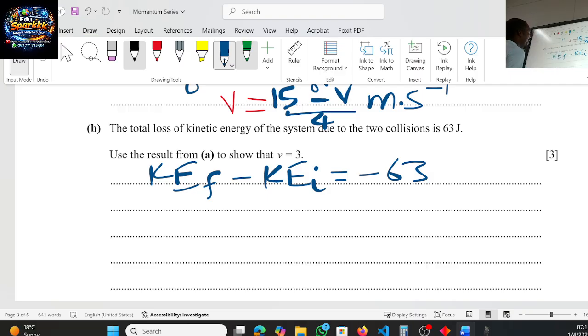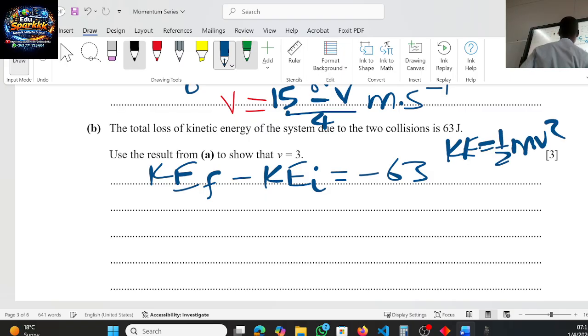So for the final kinetic energy of the whole system, we use the formula for kinetic energy, which is half mv squared. When I do my substitution for the final, the whole system has a total mass of 8.